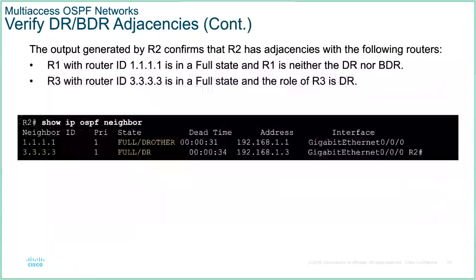So when we look at this command and we're looking from router 2, we'll see that it has a neighbor of 1, which is full, and the state of its neighbor is DR other, and then neighbor 3 is full and its state is DR. So it's basically telling you that it's got full communication back and forth, it's exchanging all of its information, and also telling you the state of the relationship between the two devices.